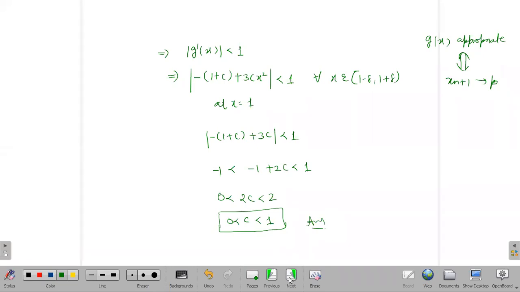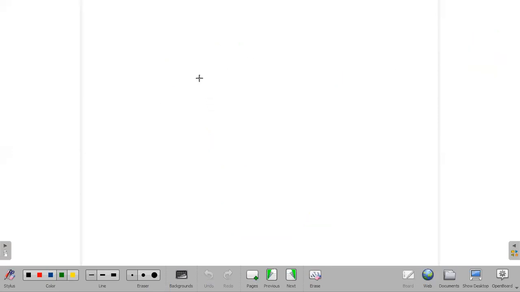So next, in the fixed point iteration questions, which type of questions can come? So first question we have done in the starting of the fixed point iteration.